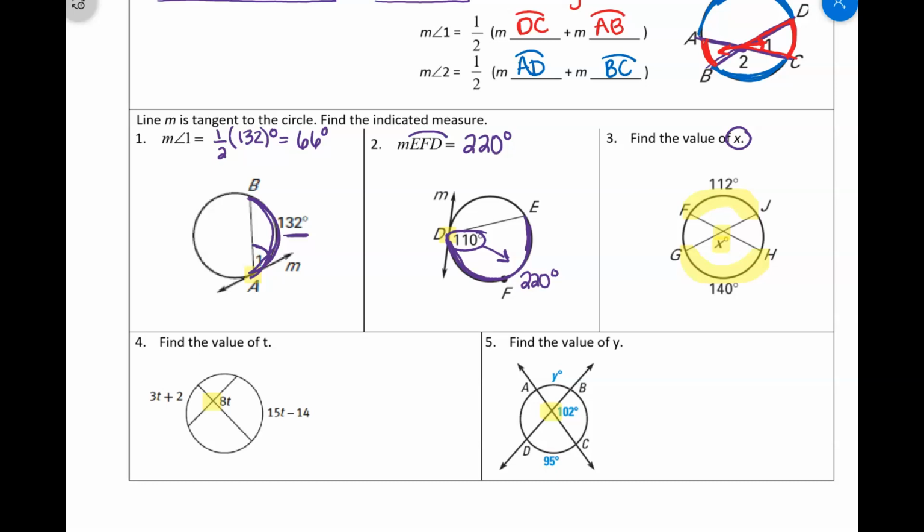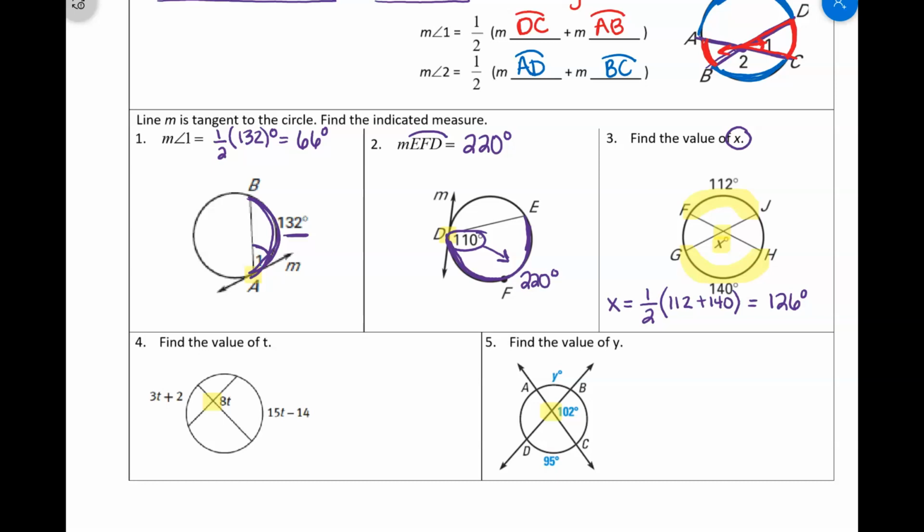So you would say x equals, because x is the angle, 1/2 of the arcs added together. 112 and 140 is 252. Take half of that and you will get 126 degrees.